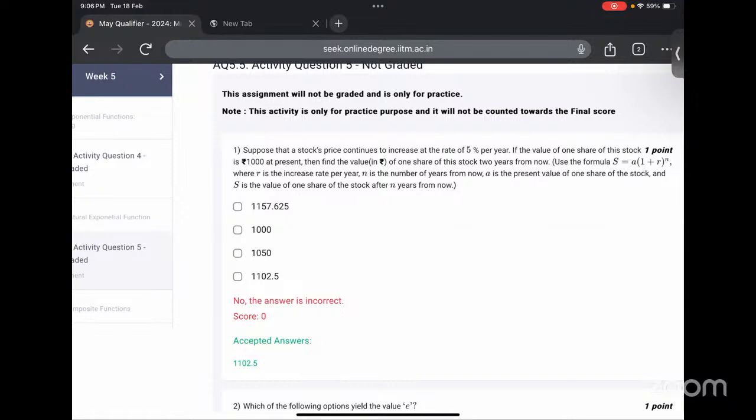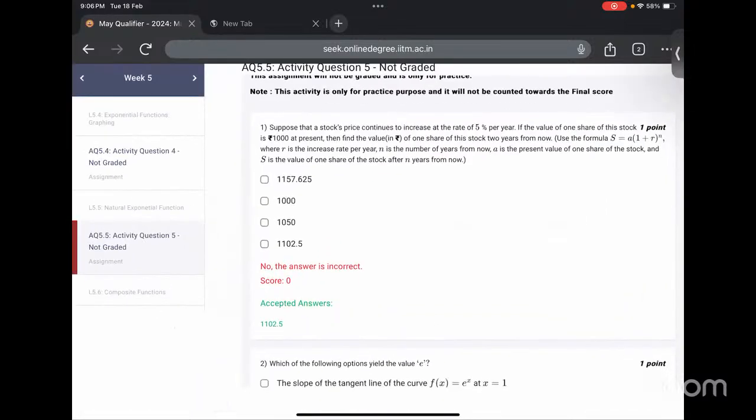For the next year, it will be 52.5. So for 2 years, it is 102.5 plus 1000, which is 1102.5. Like simple interest and compound interest, it's maths from 7th and 8th standard. With the formula given, you just have to apply it.